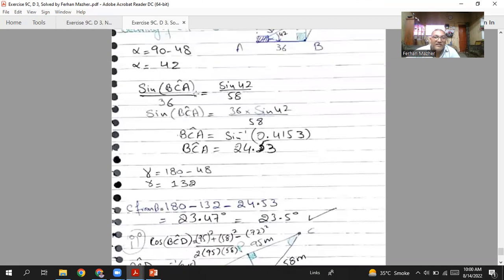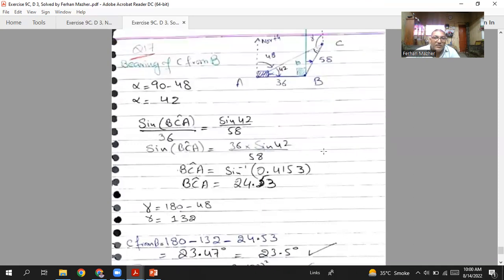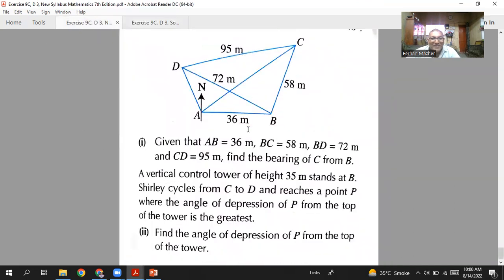So this is, let me show you the whole question. This is the A part. A vertical control tower of height 35 meters stands at the point B. Shirley cycles from C to D and reaches a point P where the angle of depression of the P from the top of the tower is the greatest.